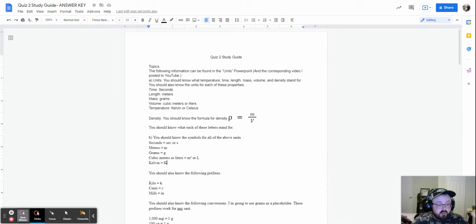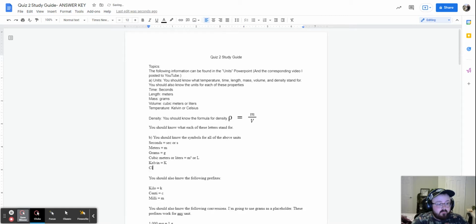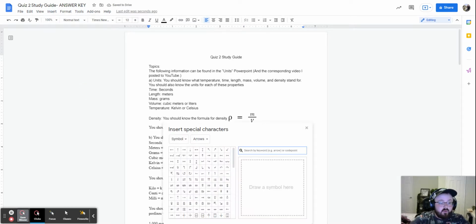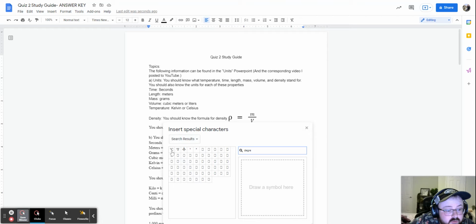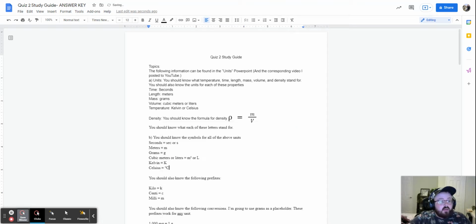I'm also going to write in Celsius here. It's annoying, but we have to go to degrees Celsius. So these are the symbols that we should know what they stand for, because I will be using them regularly.